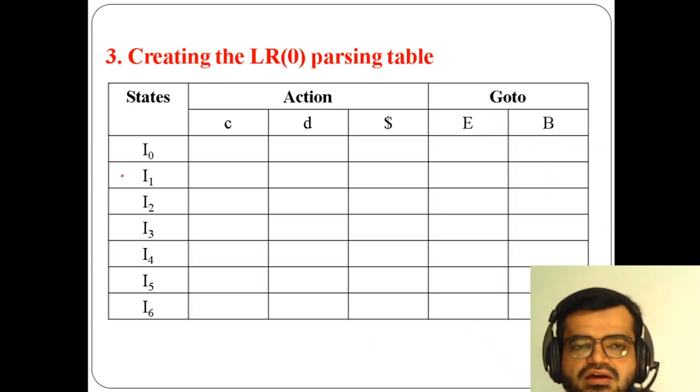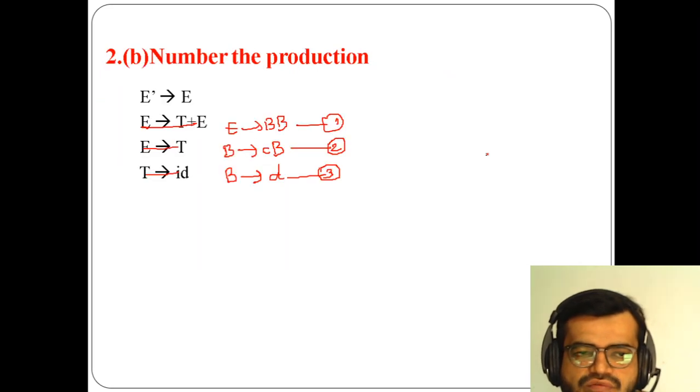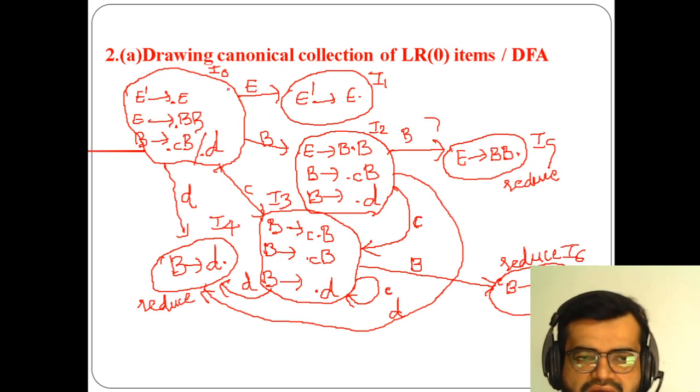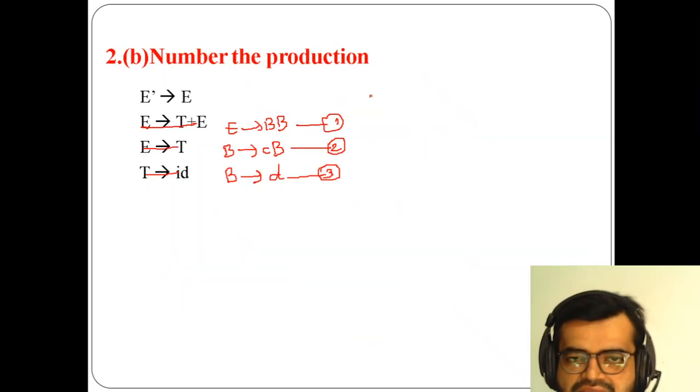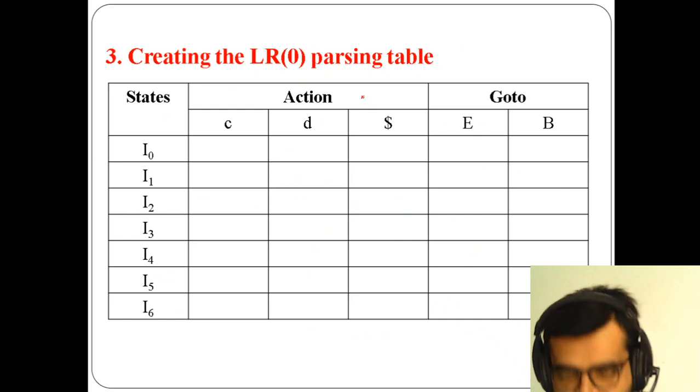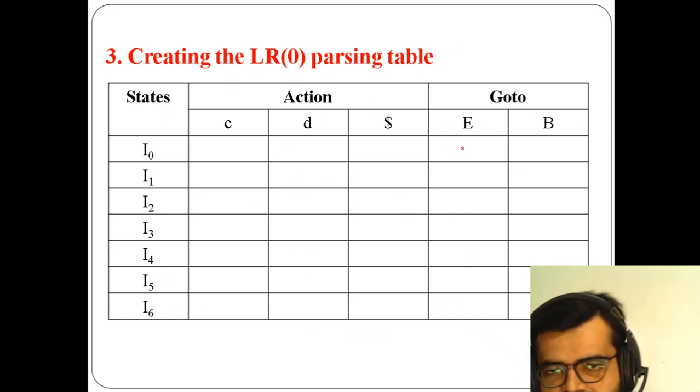So now from the I0 state, in order to go for E, which state are you moving to? I0 to I1, because you are going towards E. So instead of writing I1, you have to write 1 here.